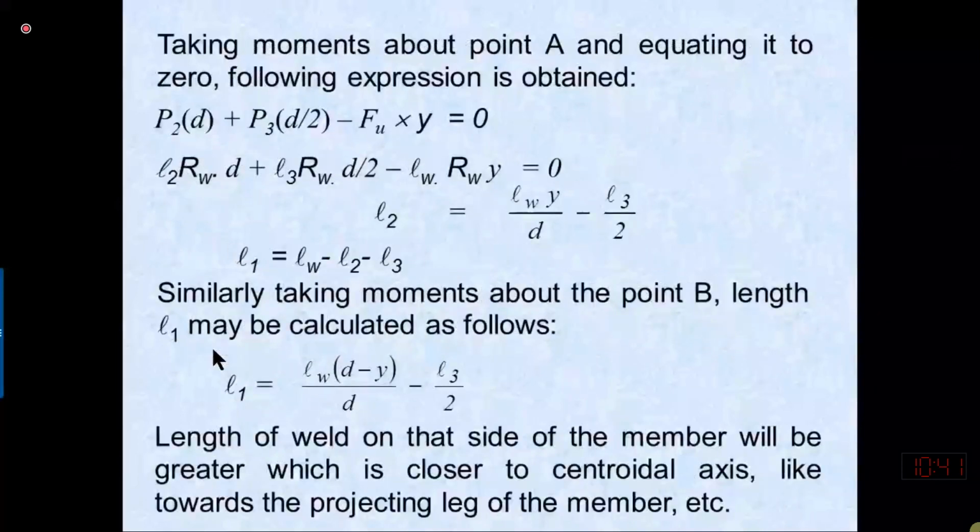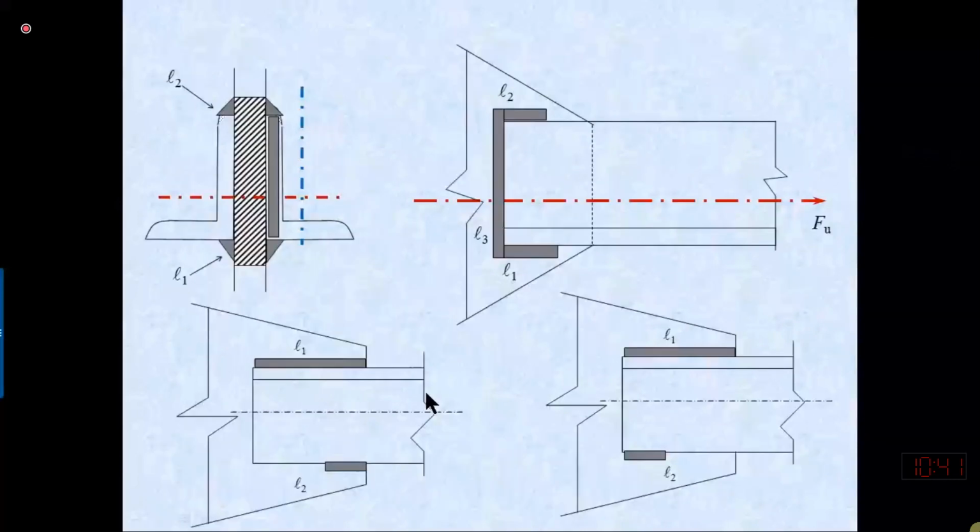I will always recommend to determine the L1 value first, not L2. Because if you determine the L2 value first, then you round the L2 value and determine L1, so the total weld may be on the upper side. But anyhow, what I recommend is to always determine the L1 value first by this expression.